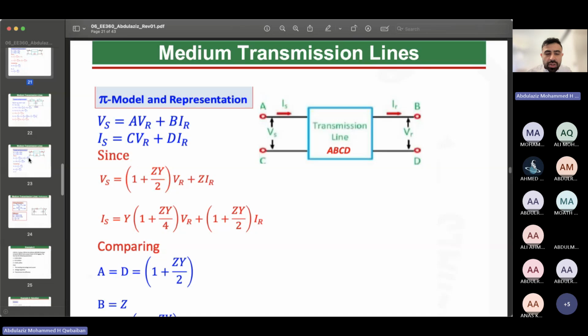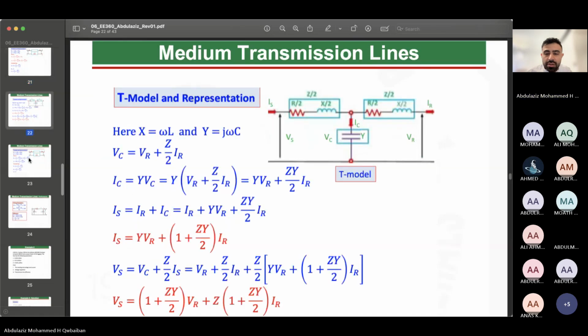So remember what was the error? The T model, this has to be 4.